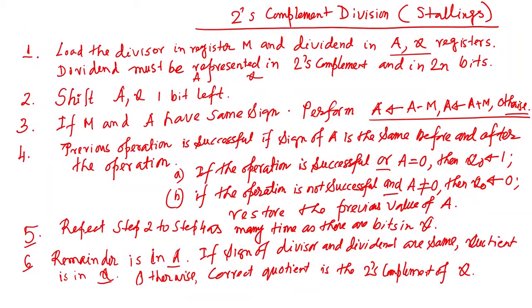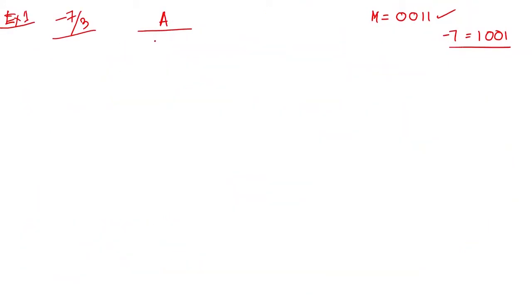Next, the dividend in the A and Q registers: A will be 1 1 1 1, Q will be 1 0 0 1, and then we take the counter. Count is 4 bits. Okay. So, this is the initial value.